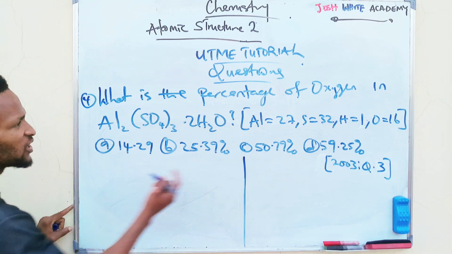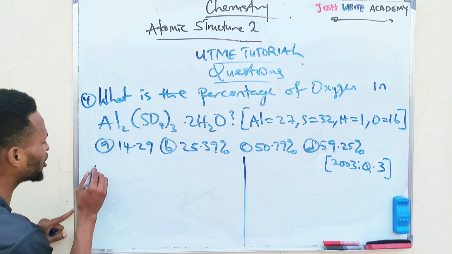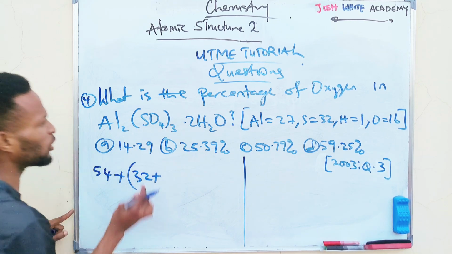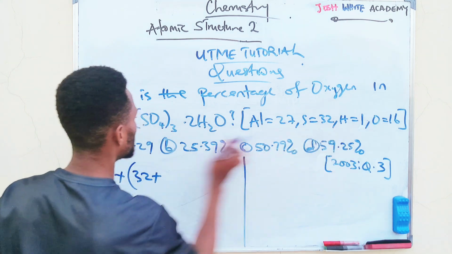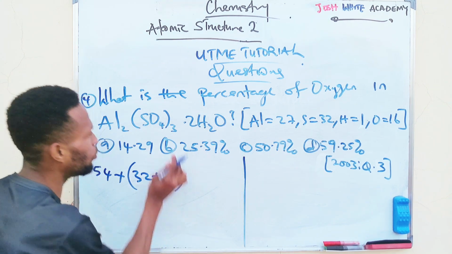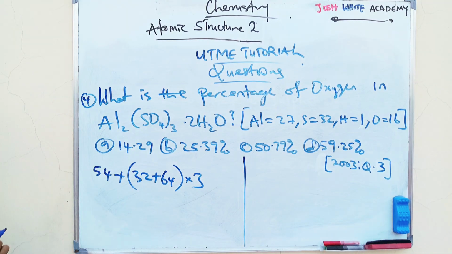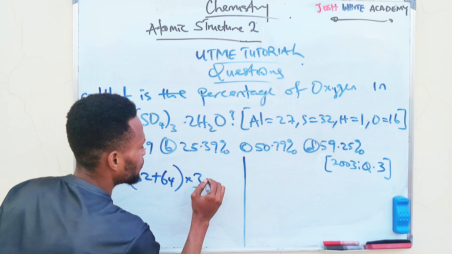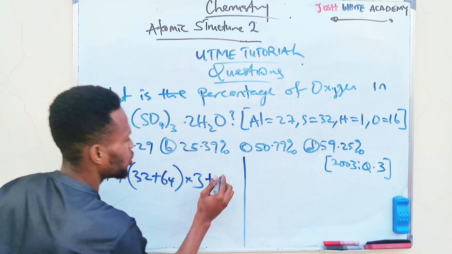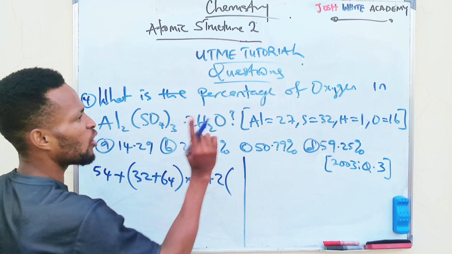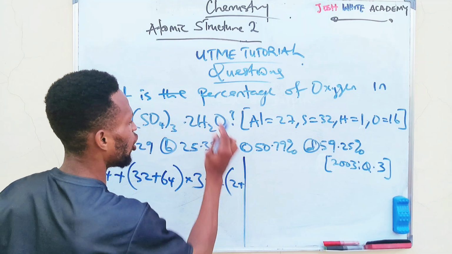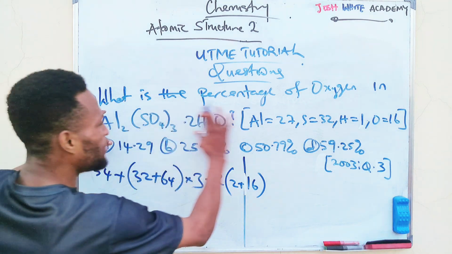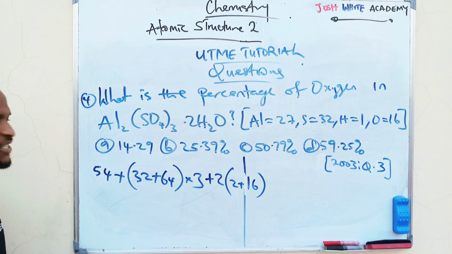Now, aluminium is 27, so 27 times 2 will give you 54 plus open bracket sulfur is 32 plus oxygen is 16, 16 times 4 is 64. Then you multiply it by 3. Just follow it exactly as this. Then plus 2 open bracket, hydrogen is 1, 1 times 2 is 2 plus oxygen is 16. So just follow the same layout and substitute your values inside of it.